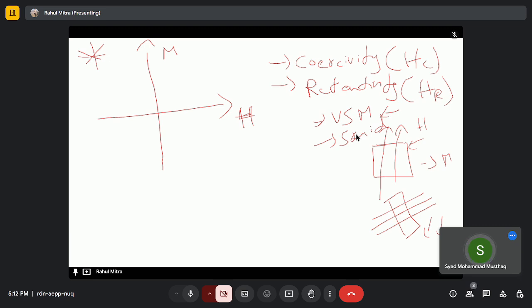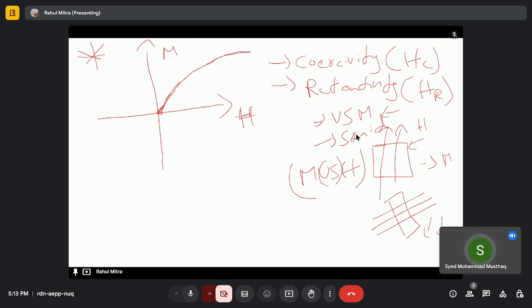So that is our M versus H. So how does it look? For example, let's say our magnetic material has zero magnetization. Now I apply the magnetic field, so it starts increasing from zero, and it reaches the maximum value.